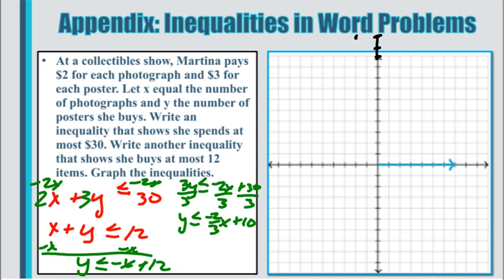I'll do the green one first. So I'll point at 10. Down 2, over 3. Down 2, over 3. It's got the equal to sign, so it's a solid line.